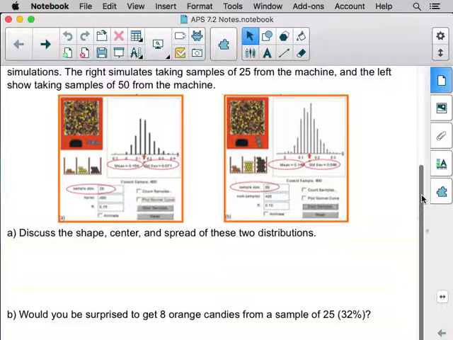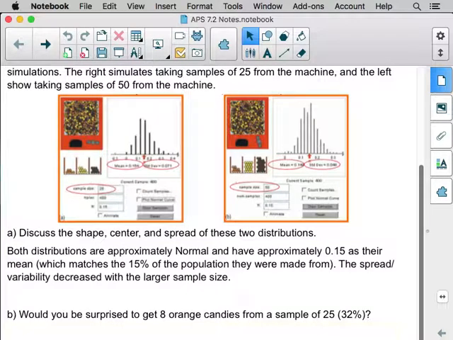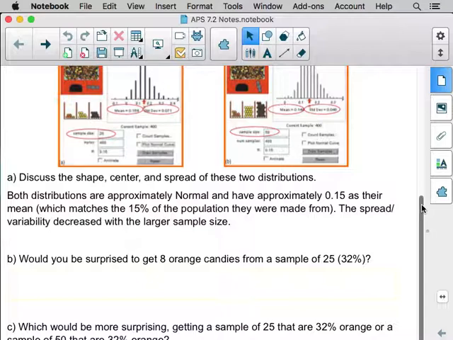I know it's kind of poor to make a comparison when the scales aren't the same, but remember a larger sample size. Oh wait, I'm sorry, left-hand side. Oh, I phrased it backwards up here. So the one with a sample size of 50, that one is going to have the smaller standard deviation. Remember, the bigger the sample size you take, the less variability in that sampling distribution, the less spread there is.